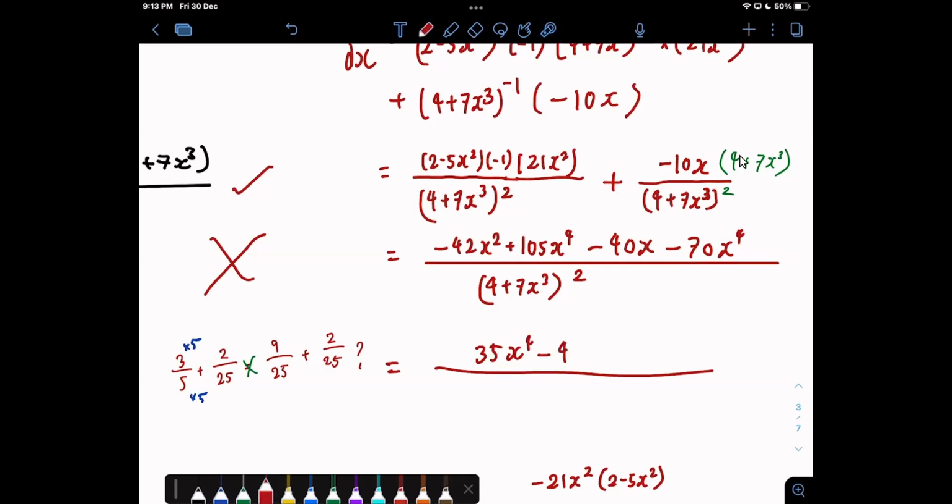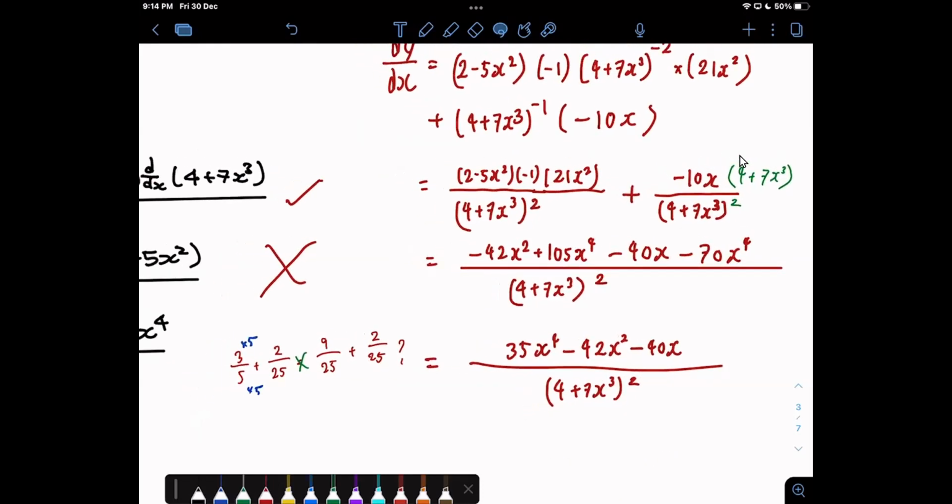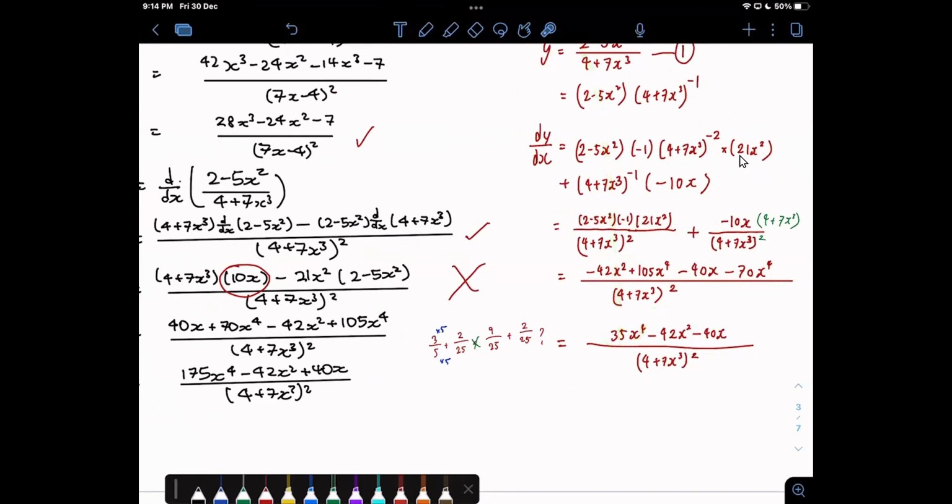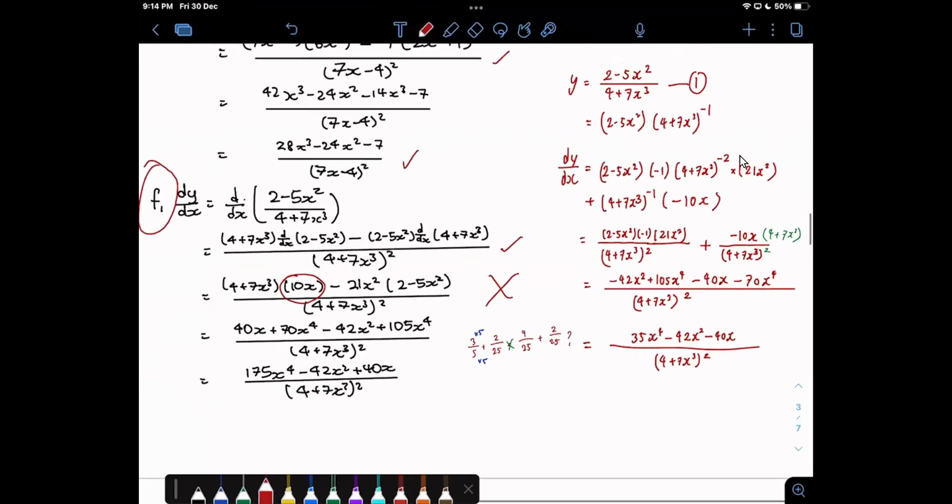No more. Just rewrite it in descending powers of x because I like it that way: 4, 2, 1 powers. Denominator remains. Now it's very neat and tidy. We can move on to quotient. So far, what I've just done is I've used product rule, but I can also use quotient rule to get to that answer directly.